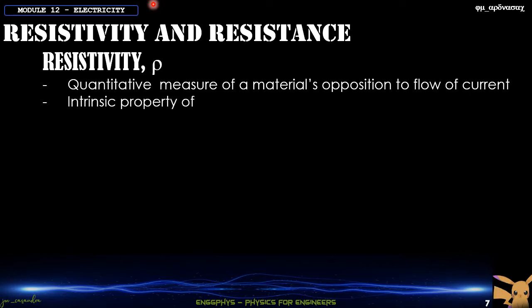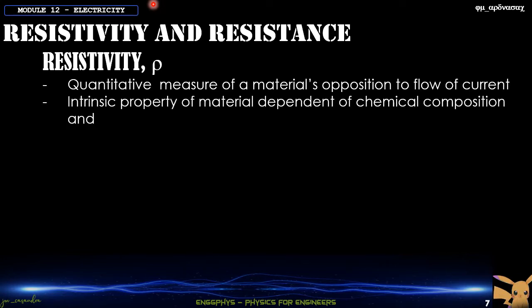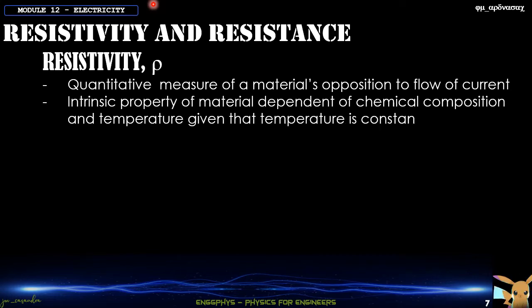This is an intrinsic property of a material which is dependent on its chemical composition and the temperature, given that the temperature is constant. So basically, what it means is that the resistivity is dependent on the material of your conductor and the temperature of your conductor while your current is flowing.